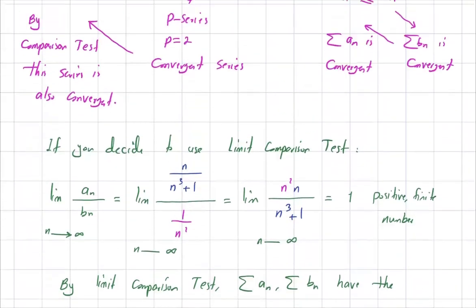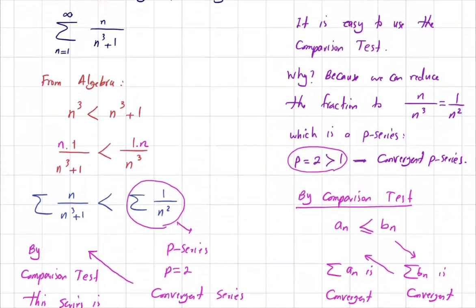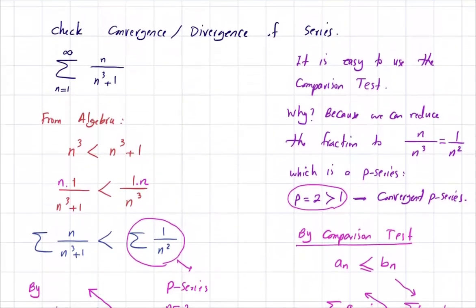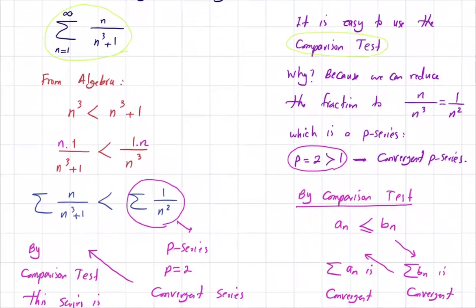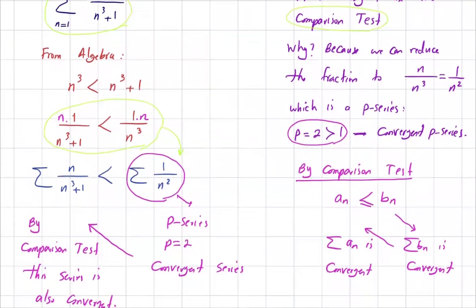So for the same series, I showed you two different methods in analyzing the convergence and divergence. You can use the comparison test, which is basically comparing n divided by n cubed plus 1 to 1 divided by n squared. This is just a p-series, which is convergent. The larger series is convergent, so the smaller series must be convergent as well.